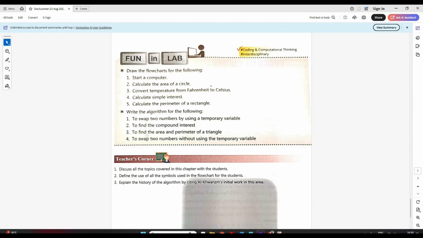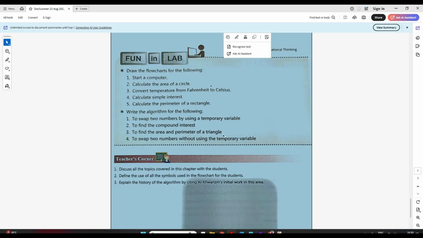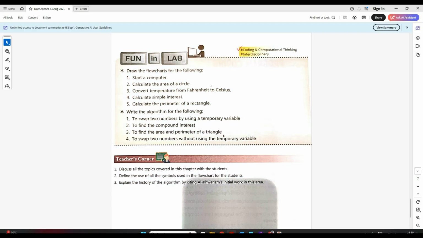You have to store them in b and h, maybe, or any other variable you want, and then calculate area is equal to half into b into h, store it in a variable, maybe a or area, and then print area. Similarly, you have to find the perimeter also. In perimeter you need to take the 3 sides as input, and then all the sides need to be added, that will be the perimeter. Clear?